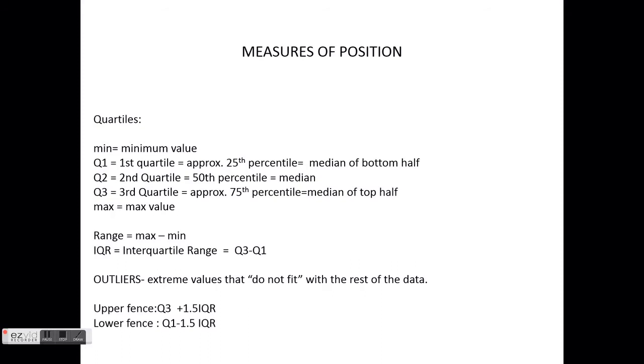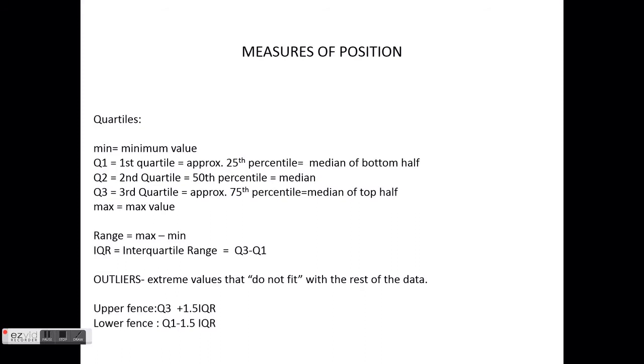The upper fence puts an upper bound on what should be a reasonable value for this data set, and the lower fence puts a lower bound. Any data values above the upper fence will be considered outliers, and any values below the lower fence will be considered outliers as well.